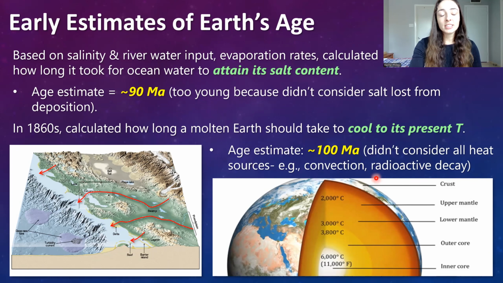We actually hadn't discovered yet these other heat sources such as convection and, ironically, radioactive decay, which once we discovered it, not only helped us understand that it was an additional heat source, but also led to our radiometric dating technique. So I find it ironic that this thing we hadn't discovered yet was a heat source that would have helped this age estimate be more accurate, but also ended up being the thing that we used to date rocks on Earth.